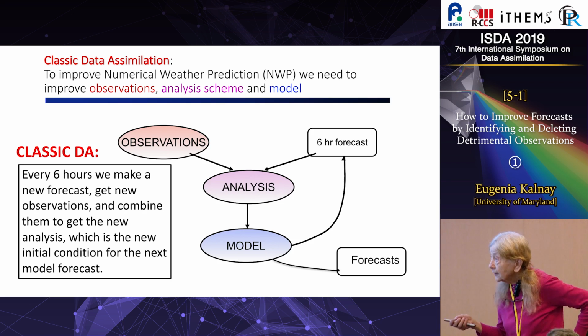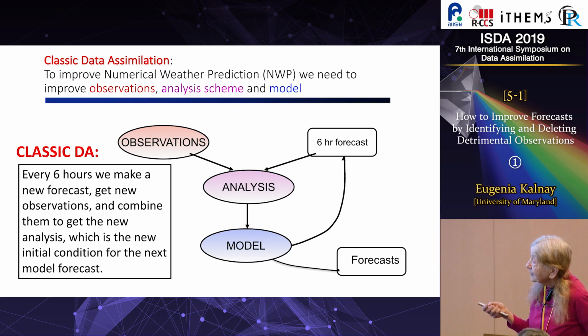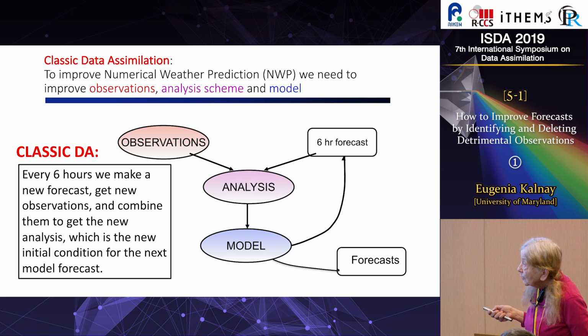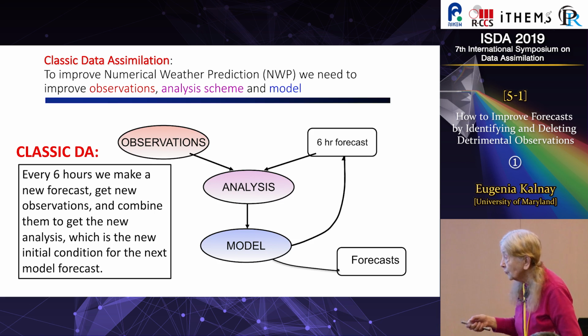So in this classic data assimilation, every 6 hours we make a new forecast. We get new observations at the same time as the 6-hour forecast, and combine them to get the new analysis, which gives the initial conditions for the forecast.